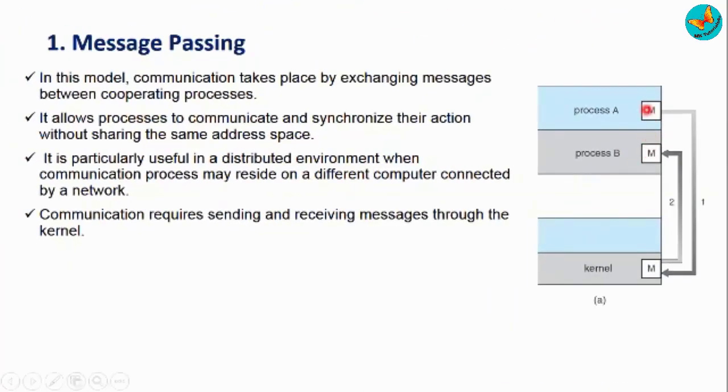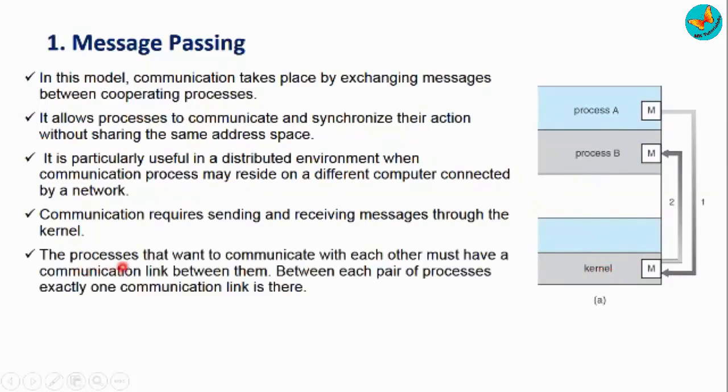Here communication basically means sending and receiving messages through the kernel. If you recall, the kernel is the core part of the operating system. The processes that want to communicate with each other must have a communication link between them. Between each pair of processes, exactly one communication link exists.